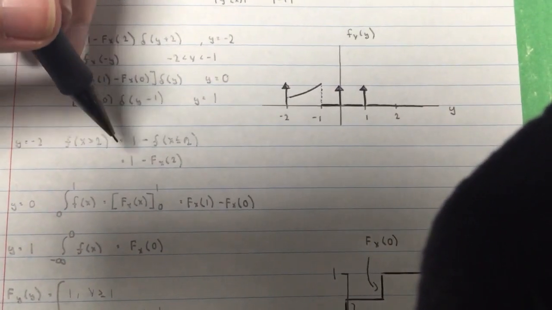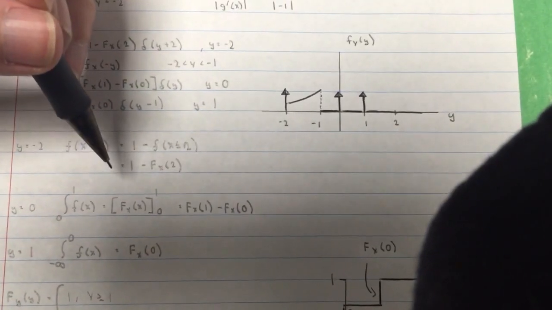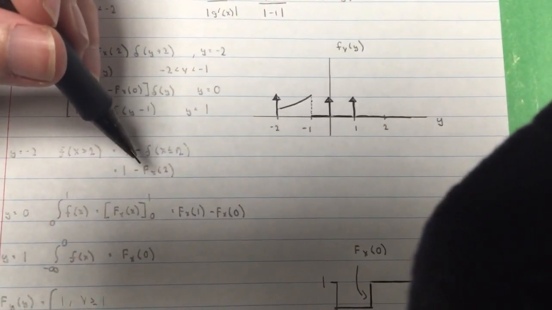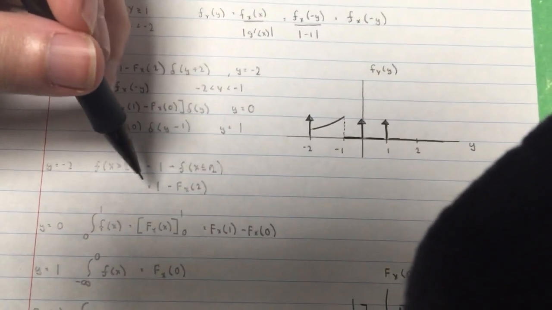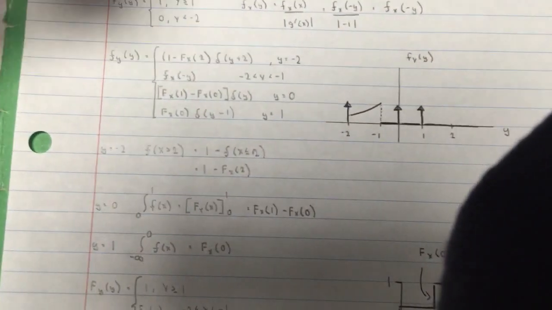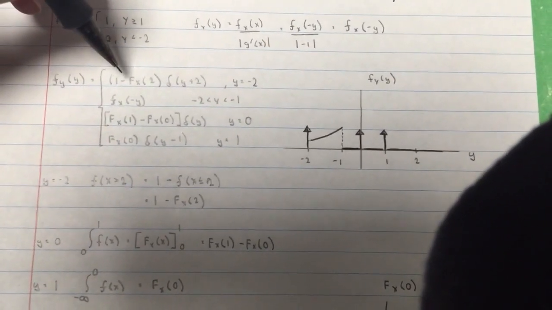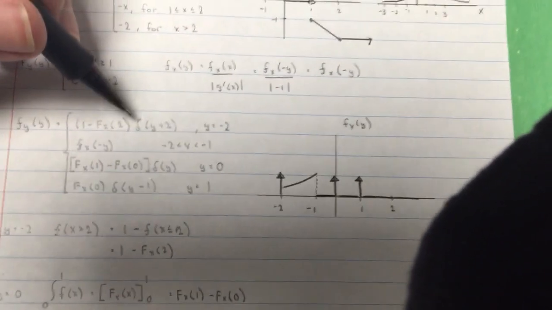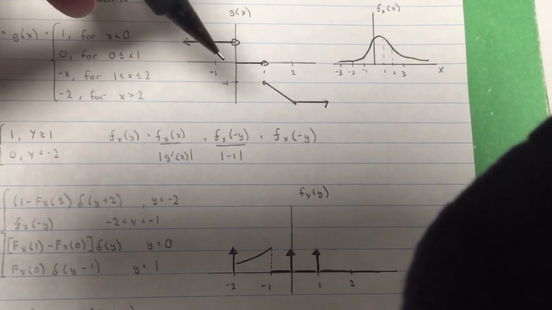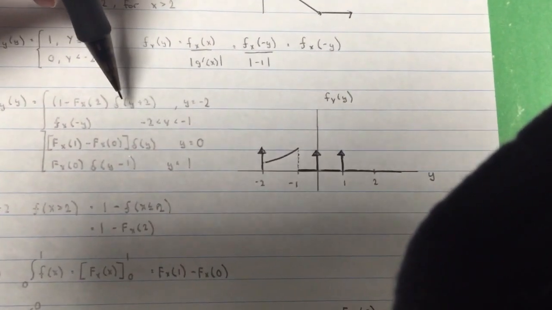Since the integral of small f of x goes from negative infinity to 2, that is the same as big F of x at 2. So the area of the impulse at y equals negative 2 is simply 1 minus big F of x of 2, times the impulse function of y plus 2, since the impulse is at y equals negative 2.